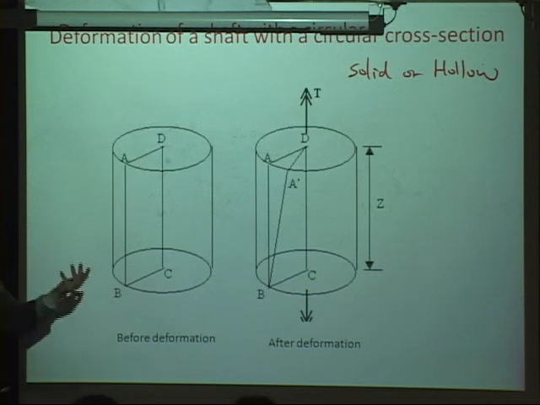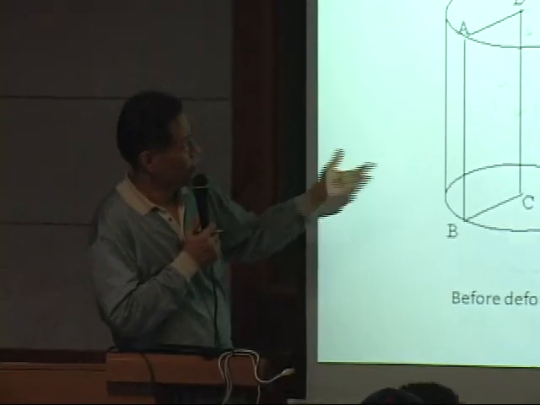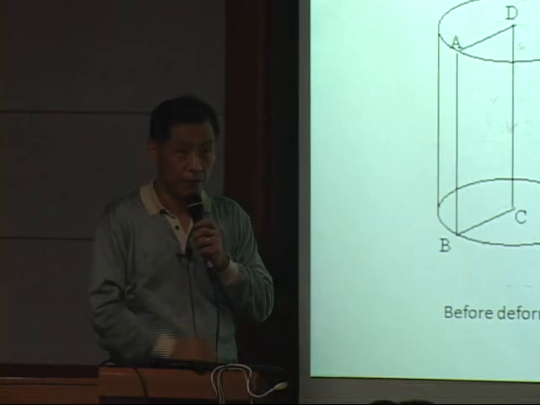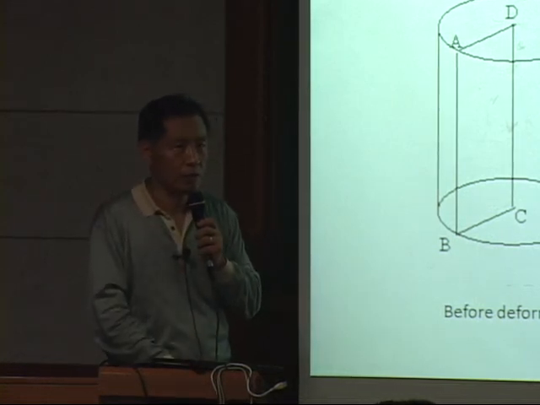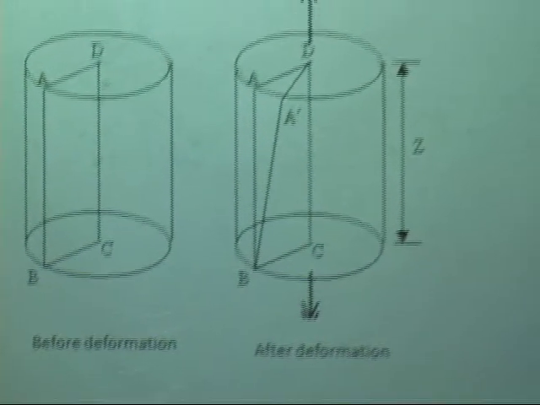We observed that deformation is proportional to length, inversely proportional to area, and inversely proportional to Young's modulus. And similarly here, we observe the deformations of this solid circular shaft subject to a torque.